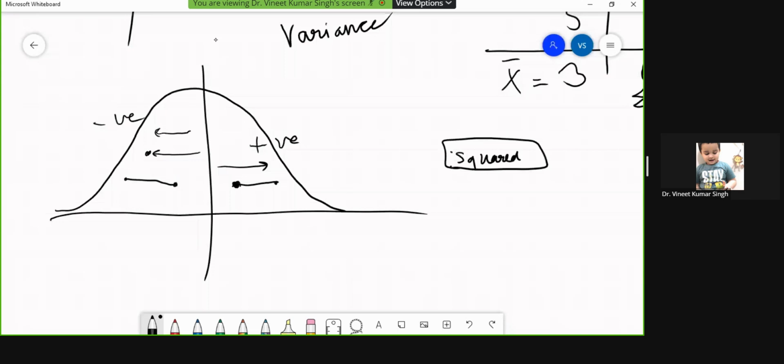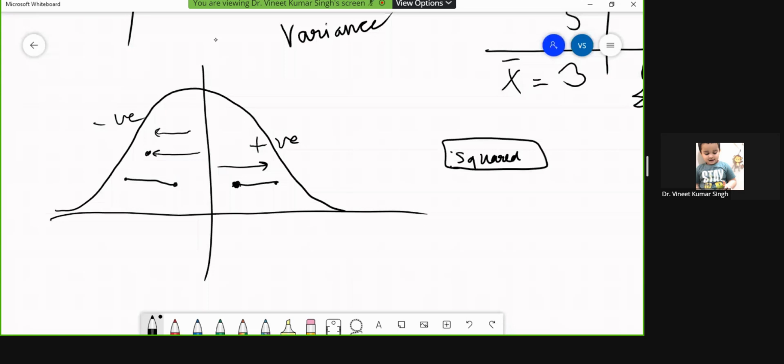Okay, so in standard deviation, the standard deviation of a sample is just the square root of variance. This is variance, s square. So square root of variance is standard deviation.